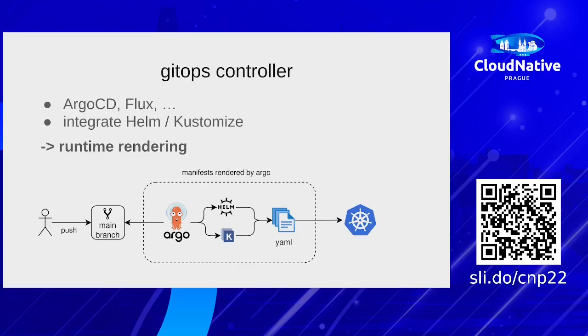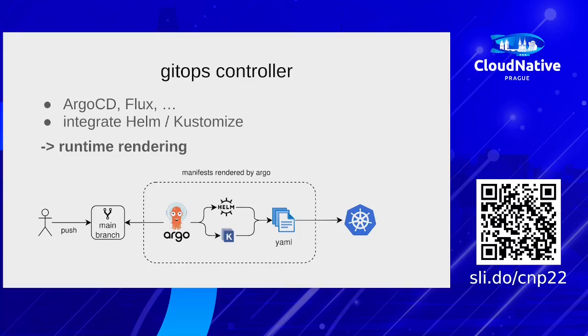Your repositories with Helm or Kustomize are typically referenced directly by a GitOps controller like Argo CD or Flux. Let me say just Argo from now on, and you can substitute any GitOps controller you wish. But I use Argo, so that's the first thing that comes to my mouth.